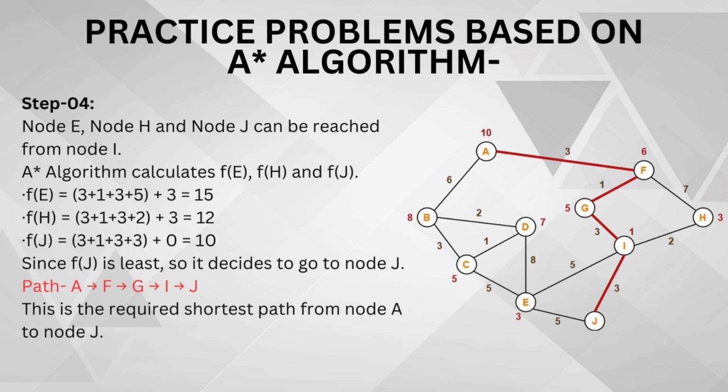The total value is 10. Since f of J is least, it decides to go to node J. So our path is A to F to G to I and to J. This is the required shortest path from A to J.